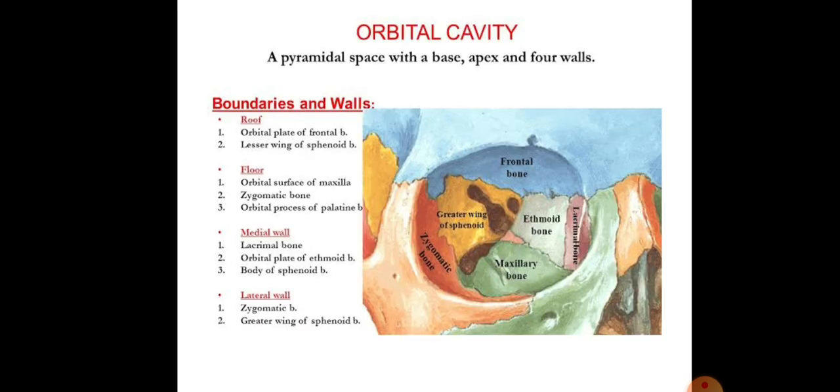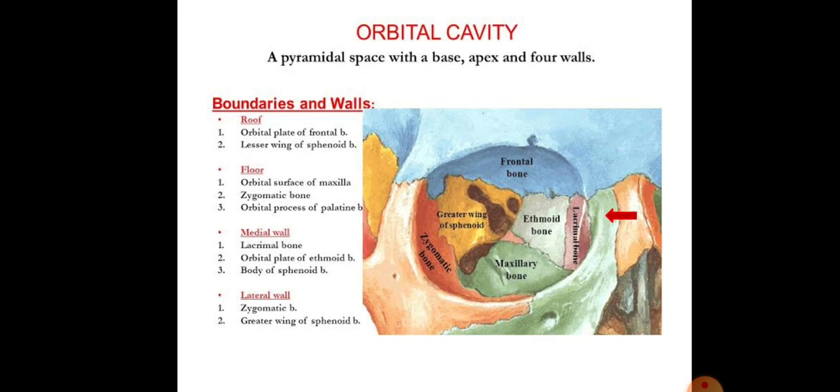The bones forming the boundaries of the orbital cavity: the roof is formed by the orbital plate of the frontal bone and the lesser wing of the sphenoid bone, and the floor is formed by the orbital plate of the maxillary bone and the orbital plate of the zygomatic bone, and one more small bone which we usually miss, the orbital process of the palatine bone.